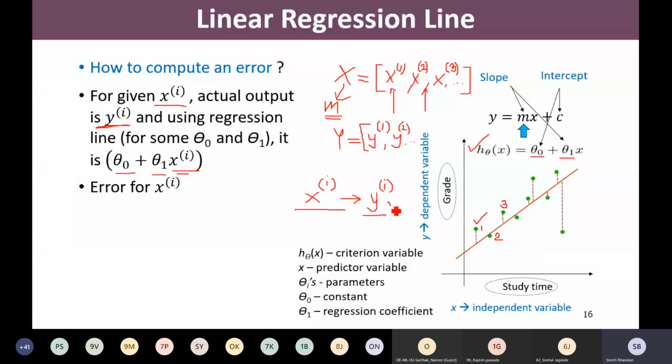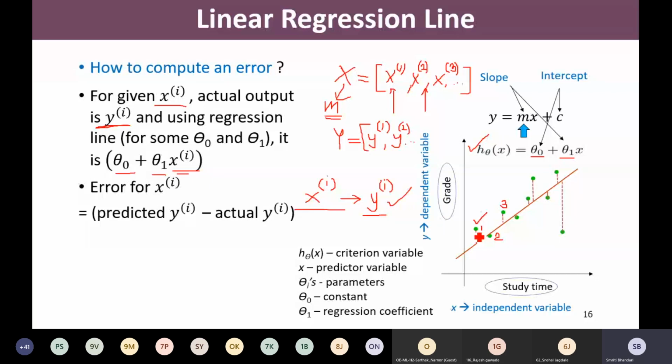I know the actual yi, and using the hypothesis, I'll make use of this expression and compute the predicted yi. So this vertical distance is nothing but my predicted yi minus actual yi. Right? Simply I'm computing the difference in two yi's. One is the actual and the other is the predicted. Predicted is computed by making use of this hypothesis and actual yi is given.